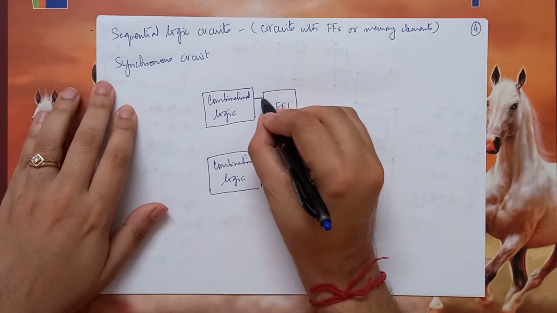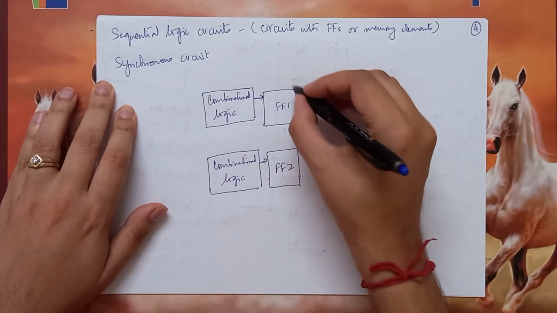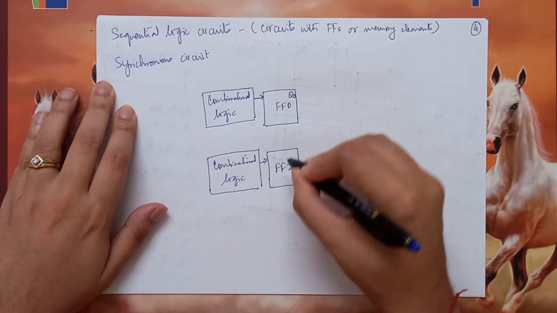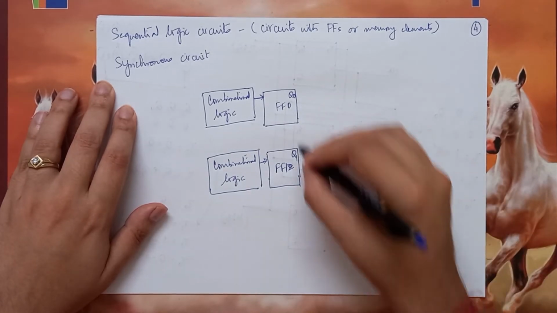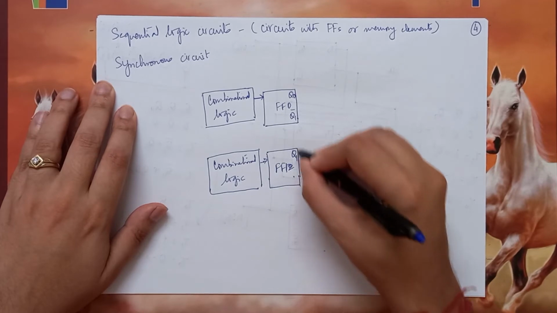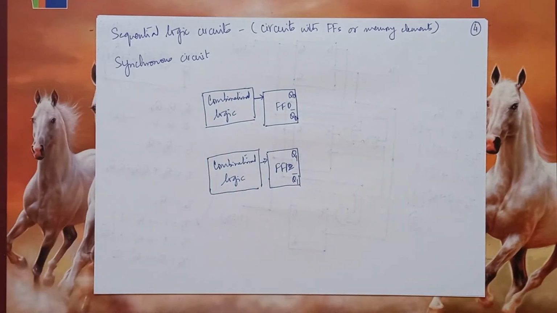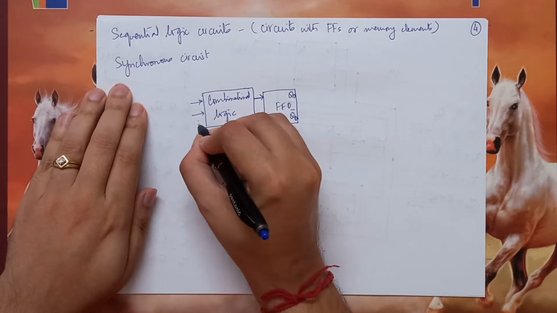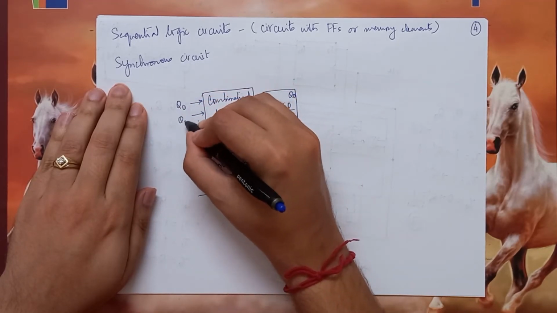Now, these are the inputs to the flip-flops. Now, what is the input to the combinational circuit? We see that there are some state variables. So, let's say this is Q0. Let's call this flip-flop 0 and flip-flop 1. Let's call this Q1 and Q1 bar, sorry, Q0 bar. So the inputs to these will be Q0, Q1 and so on.